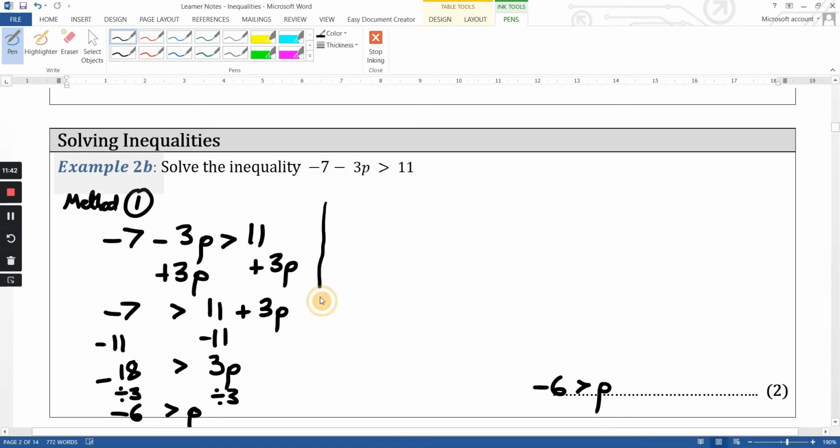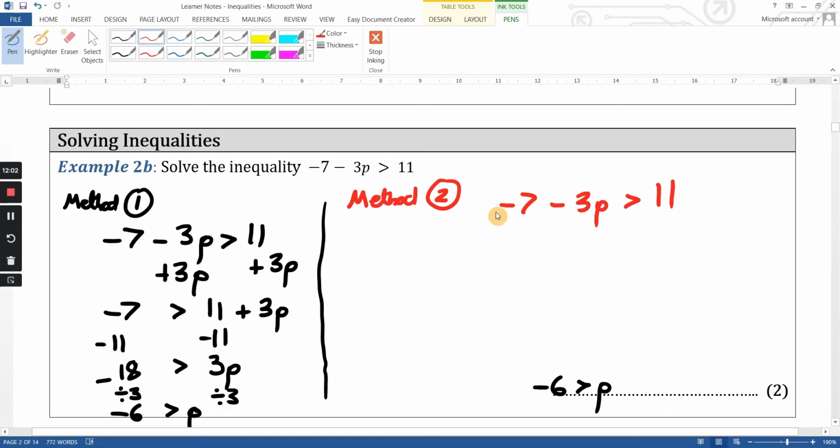Let me just show you method 2. Let me do it in a different color. And let me just rewrite my question. So this time around, let's keep the minus 3p here. Let's get rid of the minus 7, so I'll plus 7 to both sides.